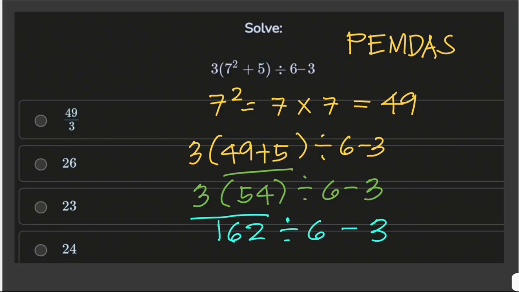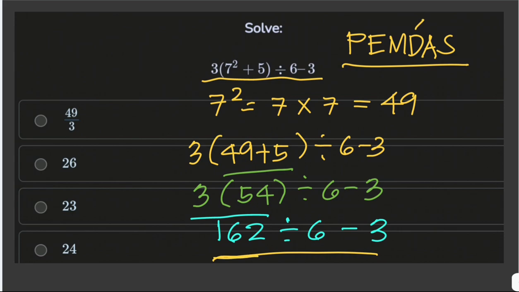Now the given expression is reduced into an expression which has only two operations, division and subtraction. So which one should we solve first? From PEMDAS, division comes first before subtraction.